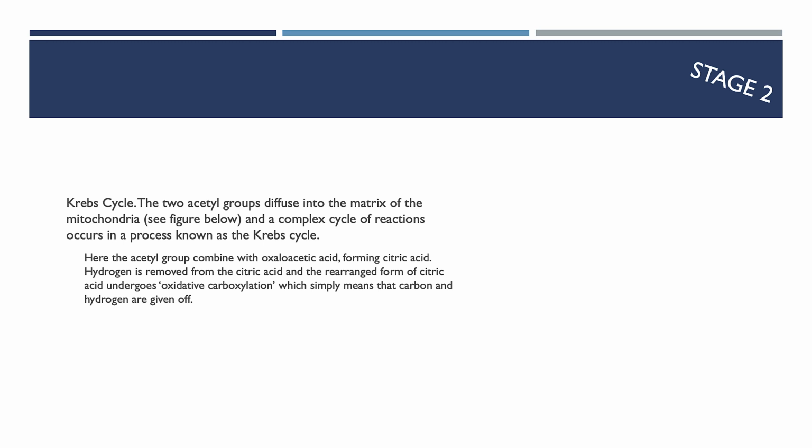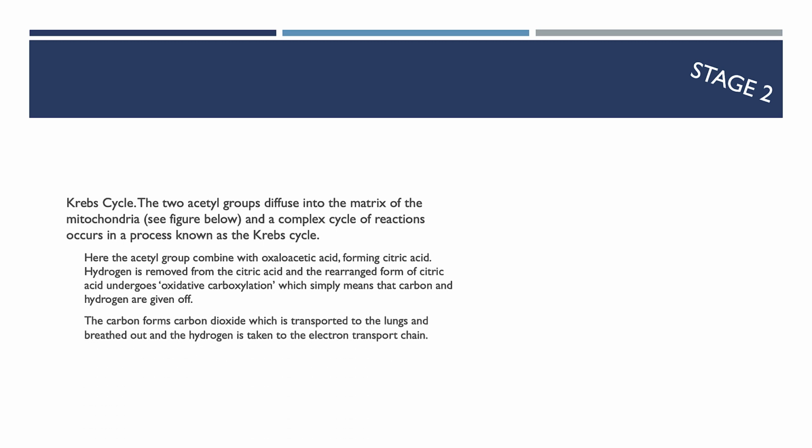Citric acid undergoes oxidative decarboxylation, which simply means the carbon and the hydrogen are given off. The carbon forms carbon dioxide, which is then transported to the lungs and is breathed out, and hydrogen is taken to the electron transport chain. The reactions that occur result in the production of 2 molecules of ATP.